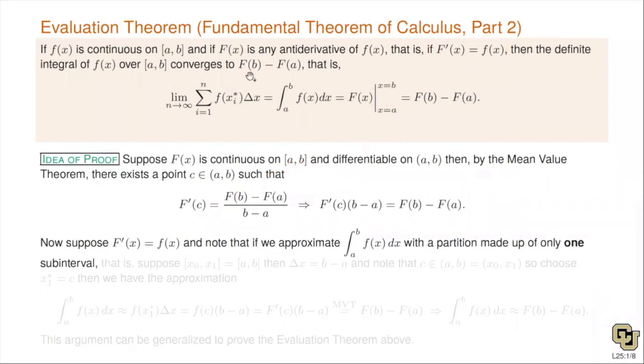And for the sake of this proof, so that it's easier to see what's going on and for me not to use too much notation, I'm going to use one subinterval, right? Generally, that's not a great idea, but for the sake of this proof, it'll make it easier to understand. So I'm using n equal to 1, which means what? We only have one subinterval, x sub 0 to x1, that equals our closed interval a to b.